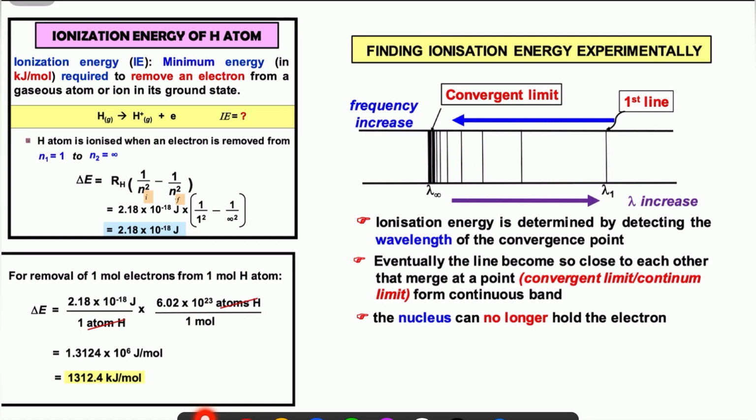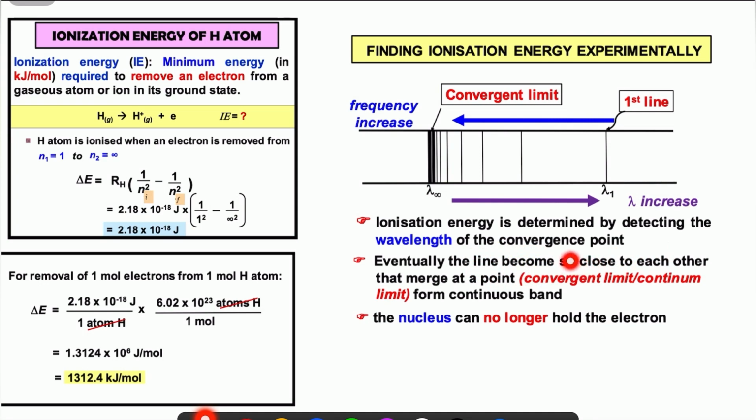So the ionization energy is determined by detecting the wavelength of the convergence point, which is the convergence limit, where the electron is ionized, removed from the atom. Eventually the lines become so close to each other that they merge at a point.